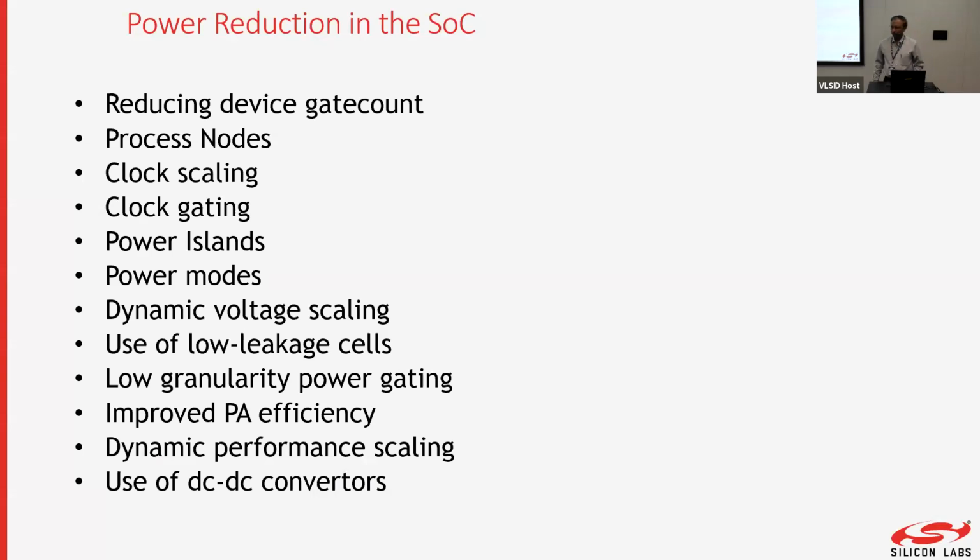Then you improve power amplifier efficiency. When you talk about wireless, power amplifier efficiency is very important. The more complex your modulation scheme, like 64 QAM or OFDM, the more accurately the waveform has to be reproduced, which means the amplifier should work in a very linear area. An amplifier works in a linear area only for a small portion of its voltage swing.